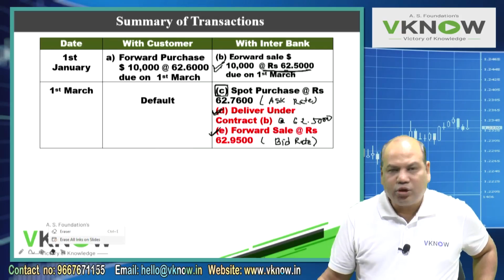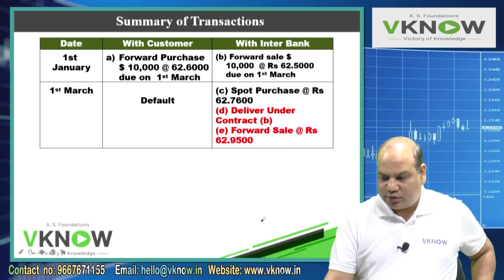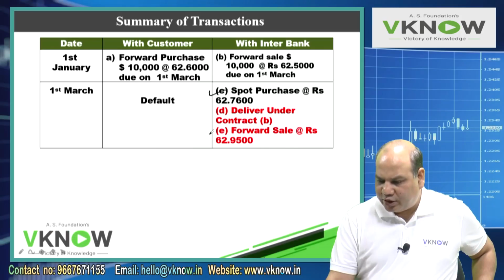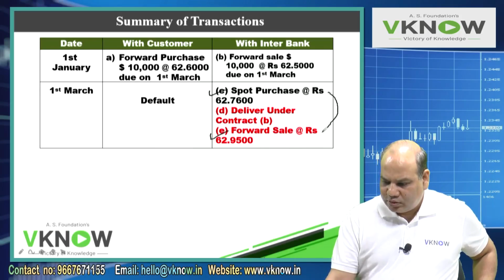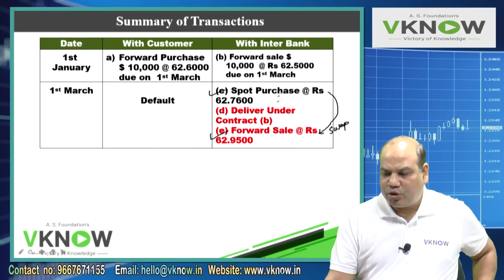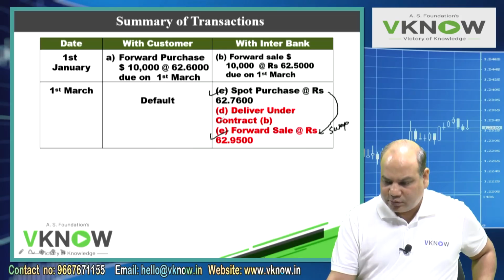So first you note down whatever you want, and I need to explain two things. The difference between point C and point E will be swap, spot buy, forward sale, and any difference is gain or loss. Gain will not be paid to the customer, loss will be recovered from the customer.